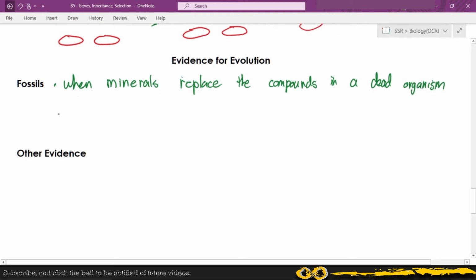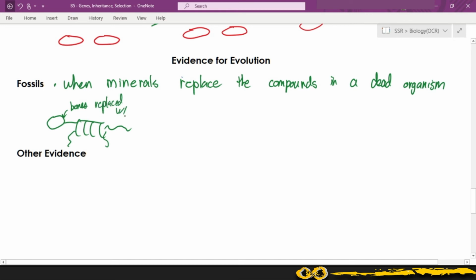If, for example, you have an animal that died, here is my attempt at drawing a skeleton. You'll notice that it is extremely talented. So there's our skeleton, that animal died, and eventually the bones here will be replaced with different minerals. And what will happen is that each year there will be new material added on top of our skeleton.